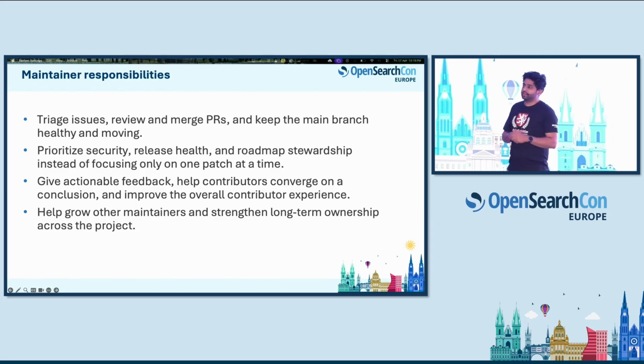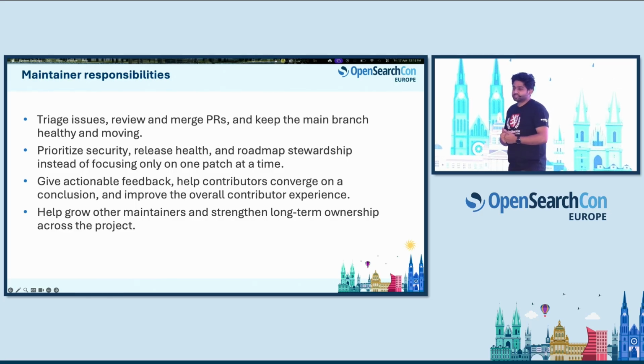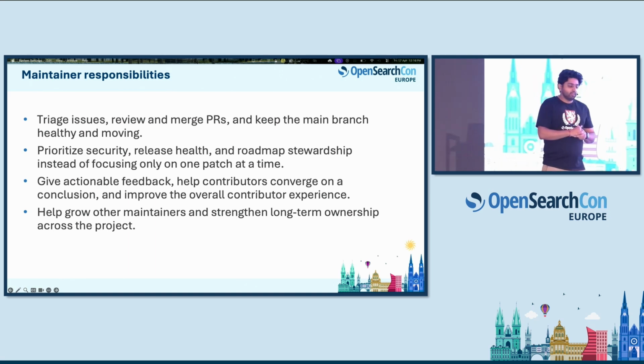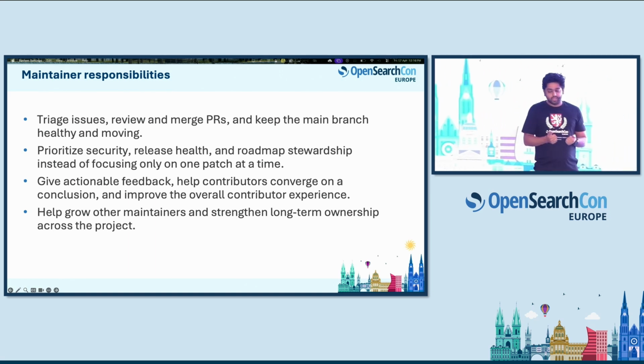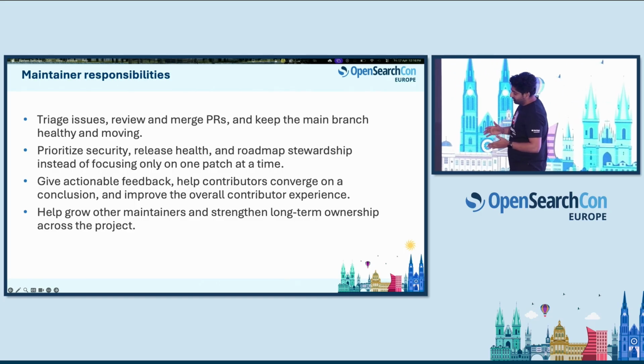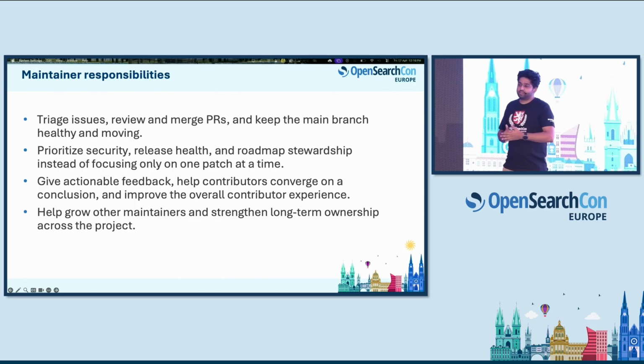It helped me grow, and it helped me see how they were involved in my growth. That is how I learned and grew as a maintainer, and that is something I follow as well. When I'm reviewing a PR, I really ensure to help the author by giving constructive feedback, so that they can move forward and really grow.